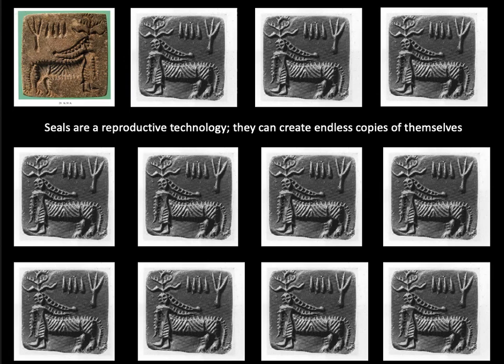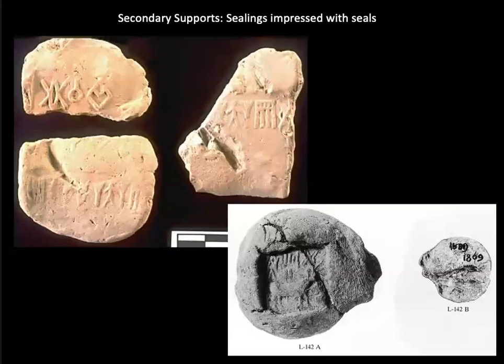So to look at some of the typology for these secondary supports, I'm going to just go through them very quickly. We have, for example, sealings that are impressed with seals. So sealings, or administrative sealings in particular, are in many ways the most standard kind of secondary support that we find in a seal-based administrative system, right?